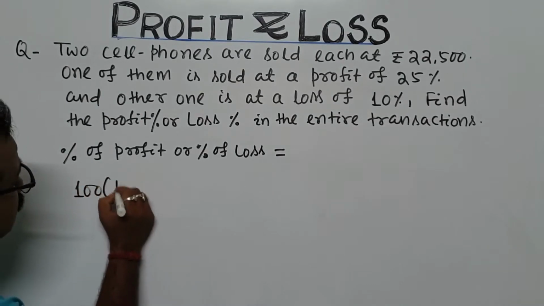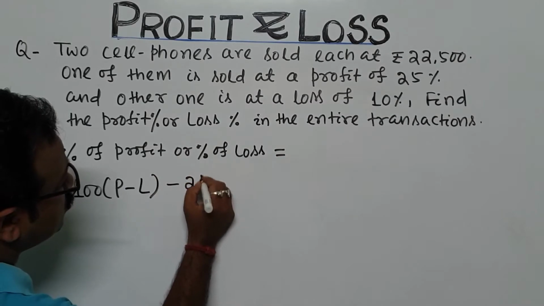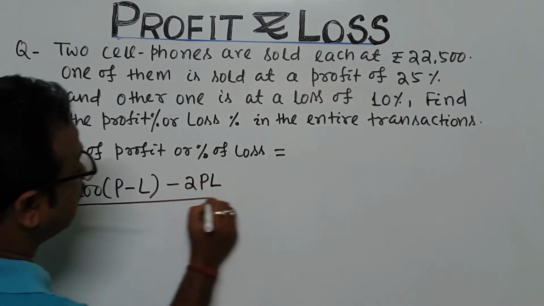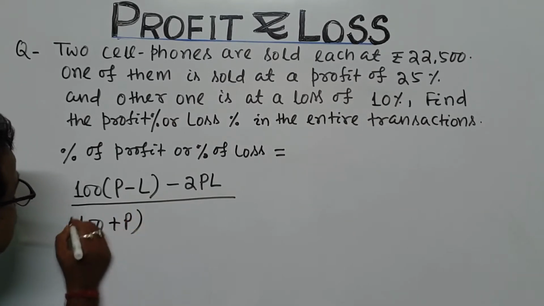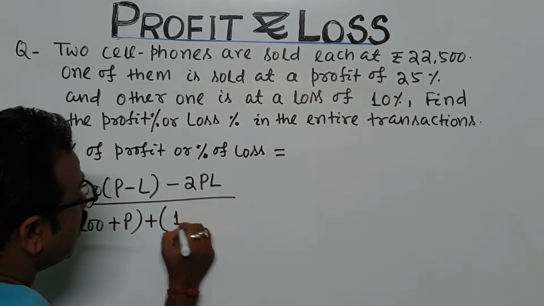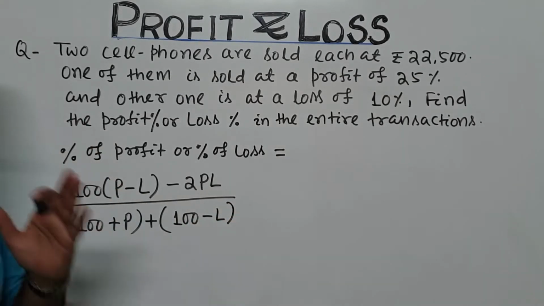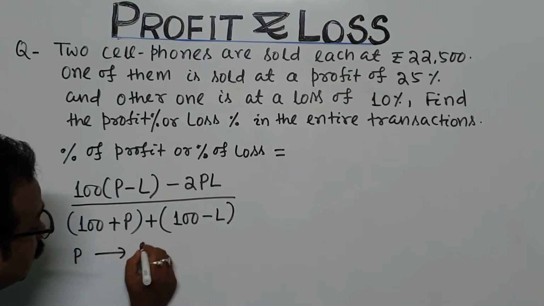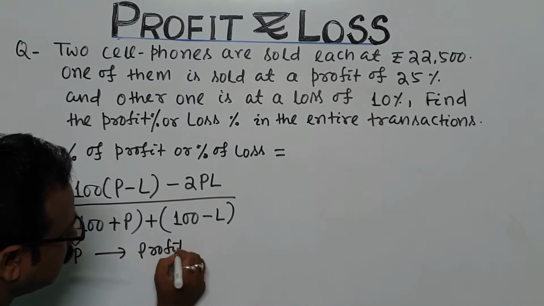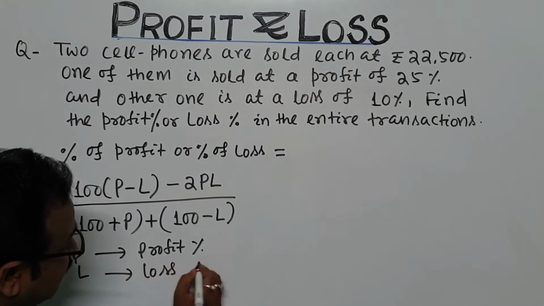100 (P minus L minus 2PL by 100) divided by (100 plus P) plus (100 minus L). P and L are the profit and loss percent. P is the profit percent, L is the loss percent.